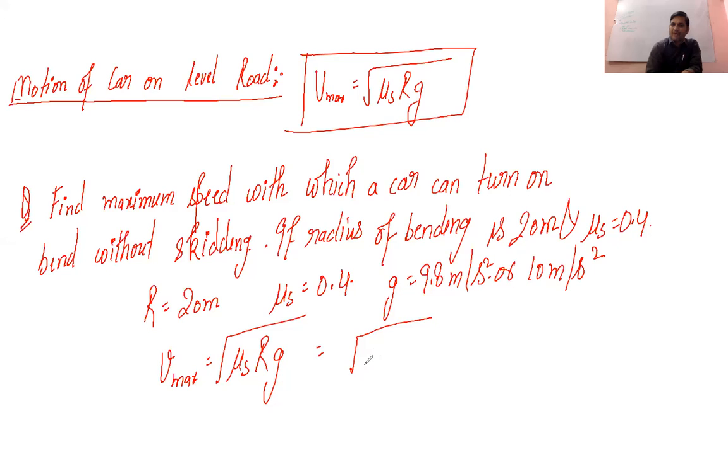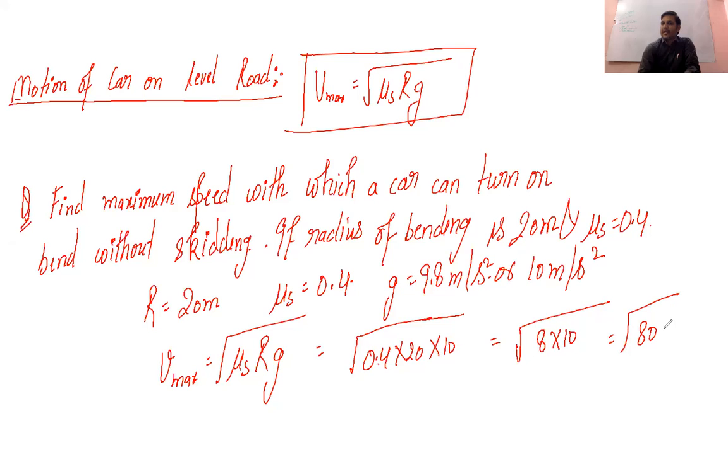So we'll put the value of this, 0.4 into 20 into 10. So what will be the value here? Let's see it. It will be 8 into 10, so this is under root 80.